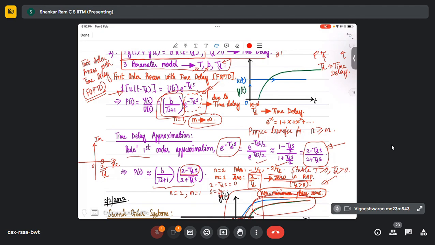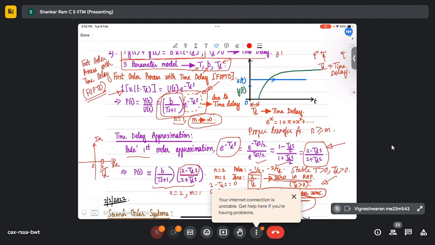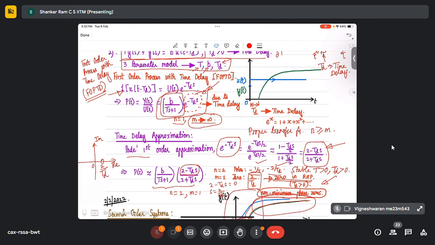Vigneshwaran is also on call, sir. Present, sir. I think I forgot to unmute. Vijay Raj, present, sir. Vikas, present, sir. Vivekanand, present, sir. Ramanand, present, sir. Yuvraj, present, sir.